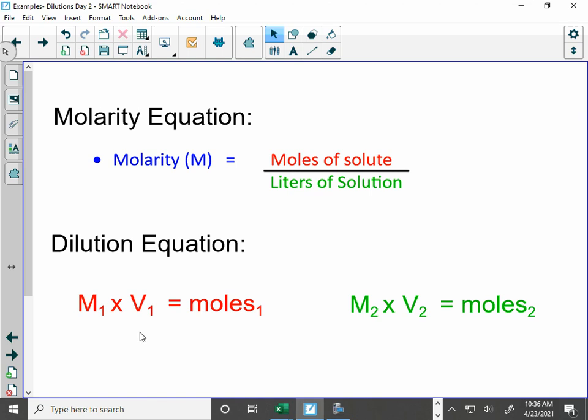Now, when I manipulated my equation, I had M1V1 equals moles 1, M2V2 equals moles 2. So I have just solved each one of those molarity equations for the number of moles. Now, if you remember yesterday, when we did our little dilution demo, I had a little bit of water and I added 2 drops of food coloring.